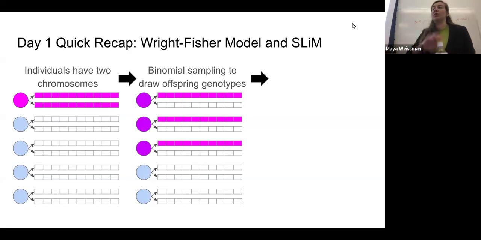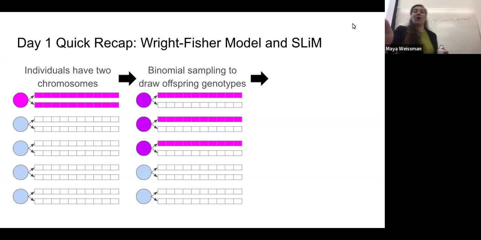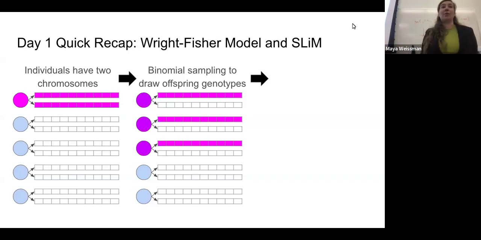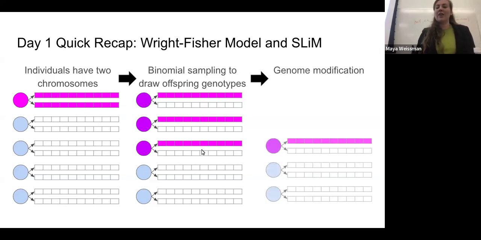You can instead set it up to do other things, but it'll pick the second chromosome using that same weighted random number generator, where it has a higher probability of picking a chromosome the higher that chromosome's fitness. So then all of the offspring get their genotypes from their parents using this random number generator. And then you have genome modification events occur.